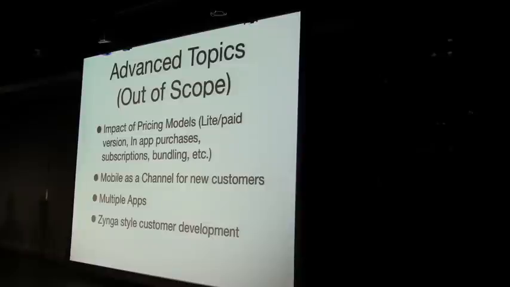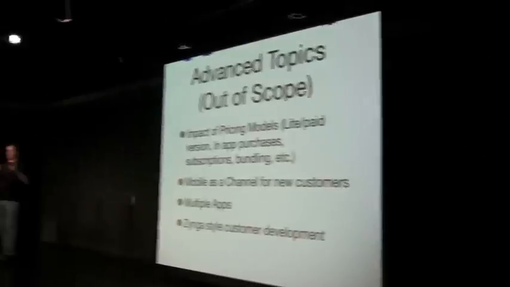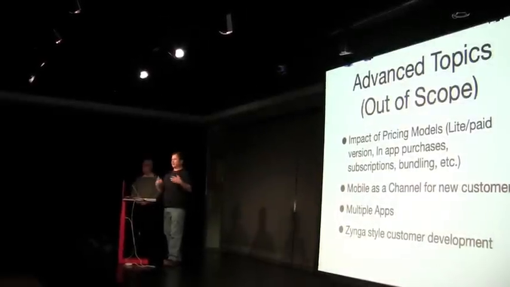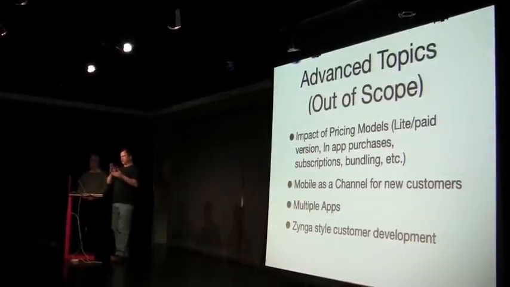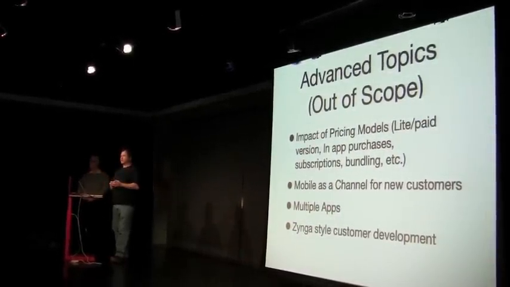Zynga is a company that has a lot of games, things like Farmville, and when they are developing new games, they do a lot of work testing and test marketing before they actually build something. They start with landing pages, testing the concepts, and only some of those go through.